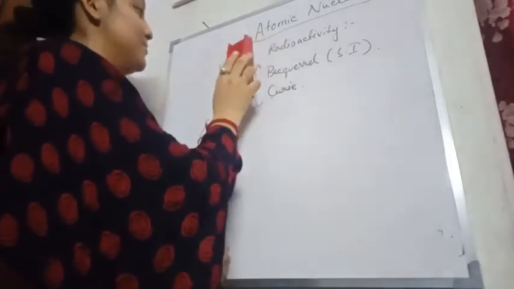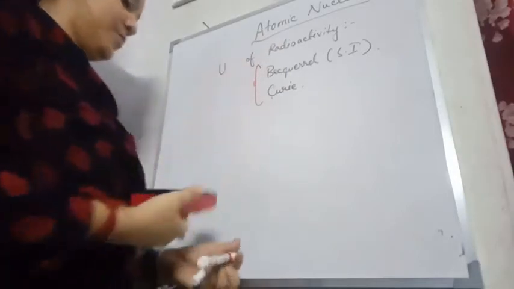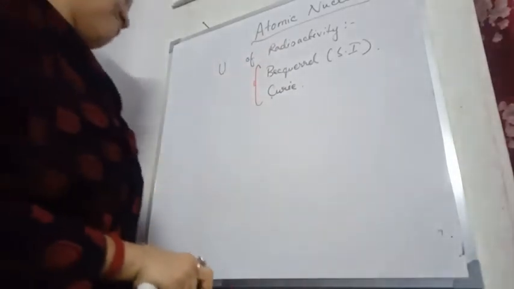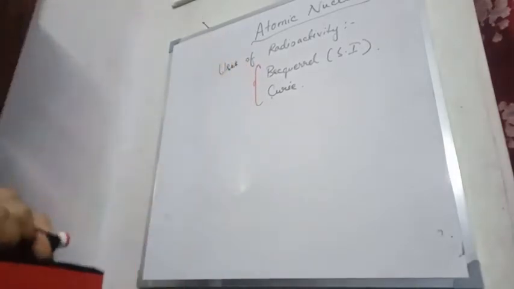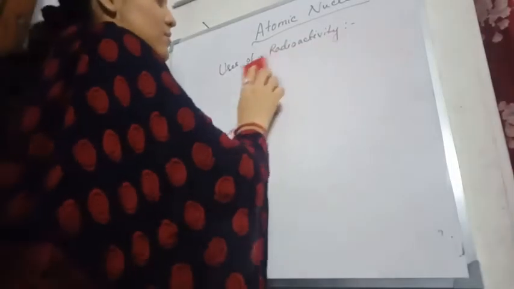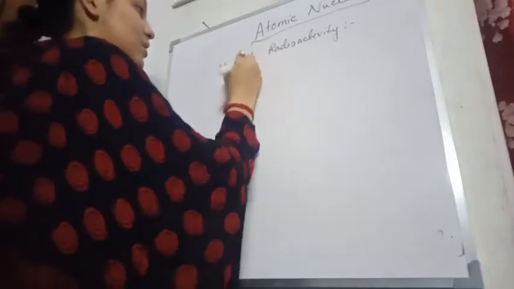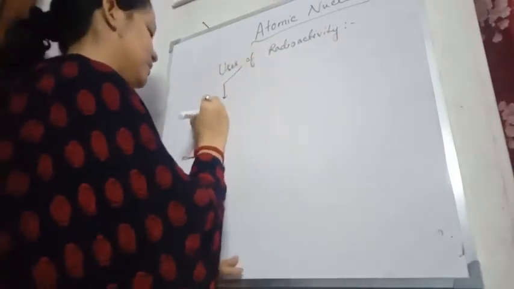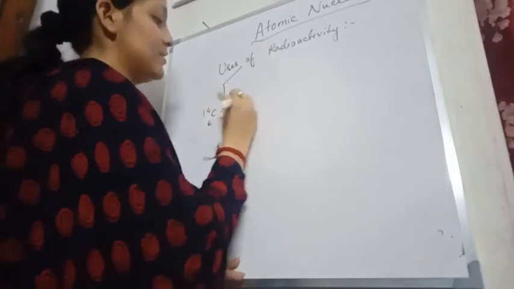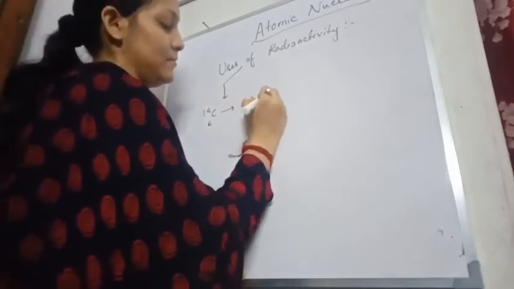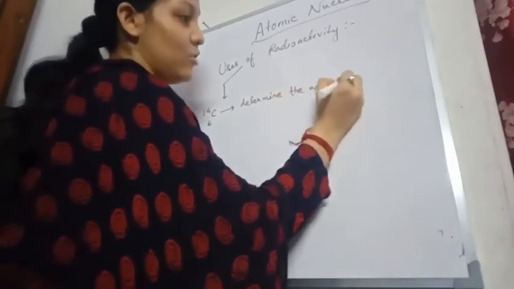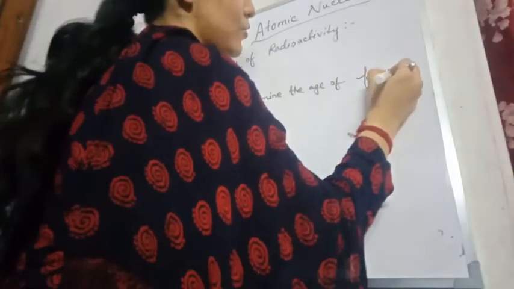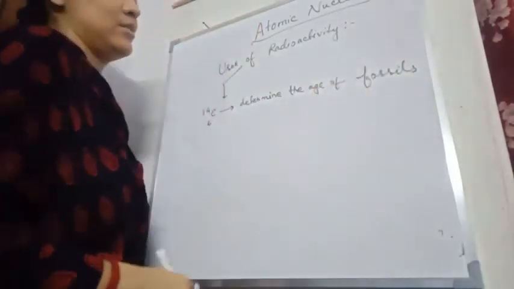Next, uses of radioactivity. First, carbon 14 is used to determine the age of fossils. Fossils means they are organic materials.